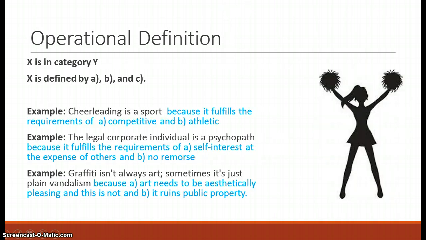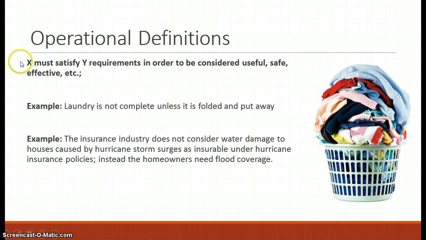The second type is operational definitions. And this is where something must satisfy certain requirements in order to be considered what it is. So X must satisfy Y requirements in order to be considered useful, safe, or effective. My example is laundry is not complete unless it is folded and put away.